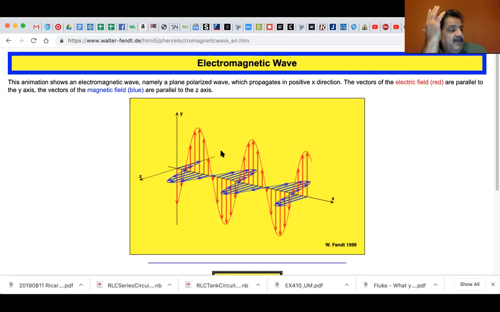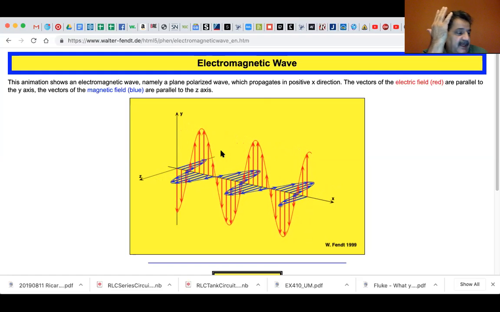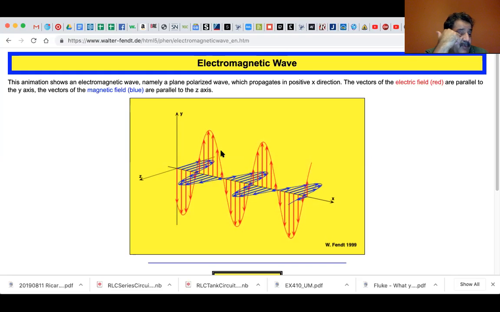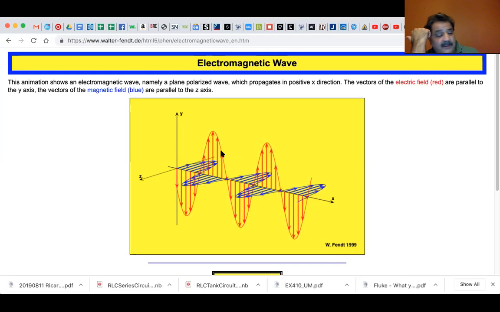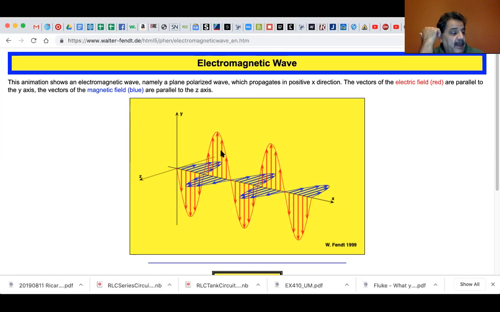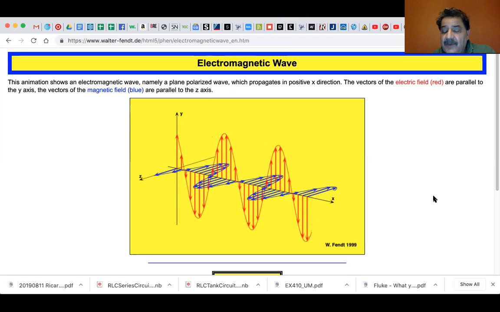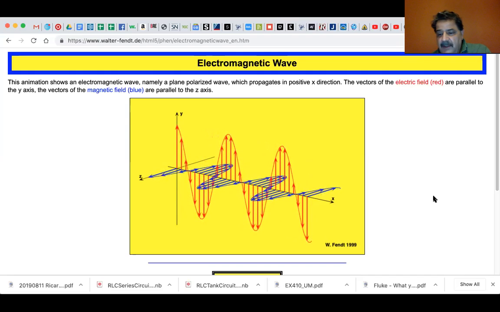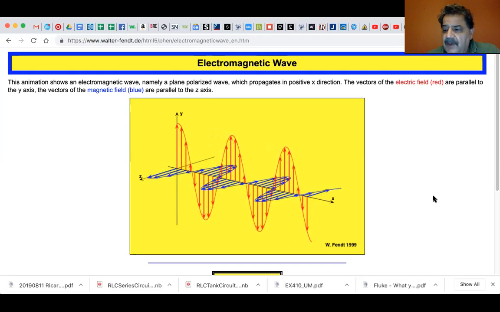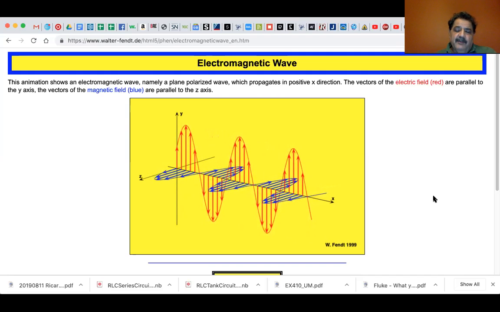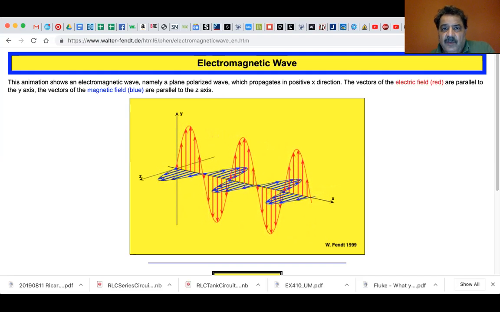Point the fingers of your right hand in the direction of E, curl them in the direction of B, and the right thumb then points in the direction of the propagation of the waves. Yet another right-hand rule. I thought I had a little app that showed the propagation of a dipole antenna, but this does it well enough.